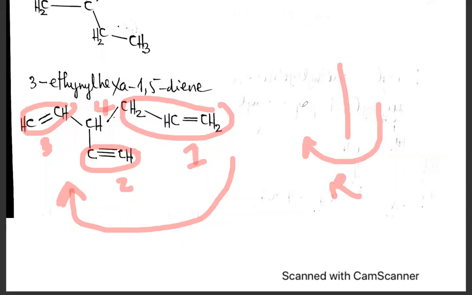Now, if you're moving in the opposite direction, you have the anti-clockwise, that is the S orientation. This orientation here is the clockwise orientation, and therefore it will be called R. And so if we're going to give the name of this organic compound according to IUPAC, it will be R in brackets.